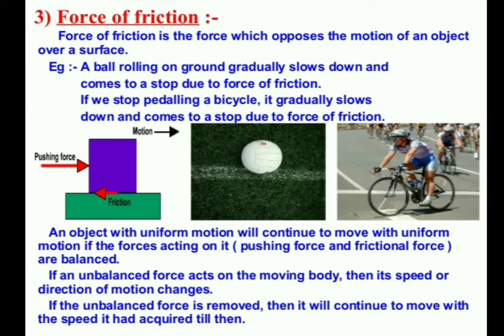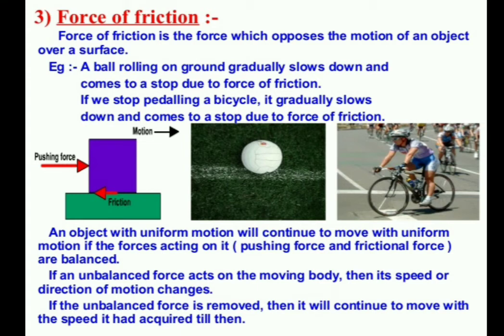Then you put them on your cheeks and eyes, and you feel warmth. So why do the two palms get warm? Because of friction. Clear? Okay.